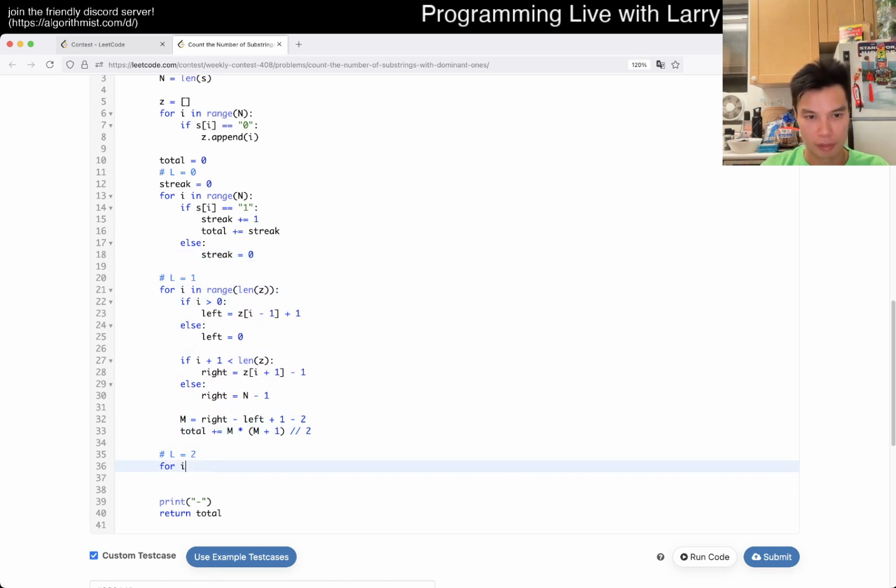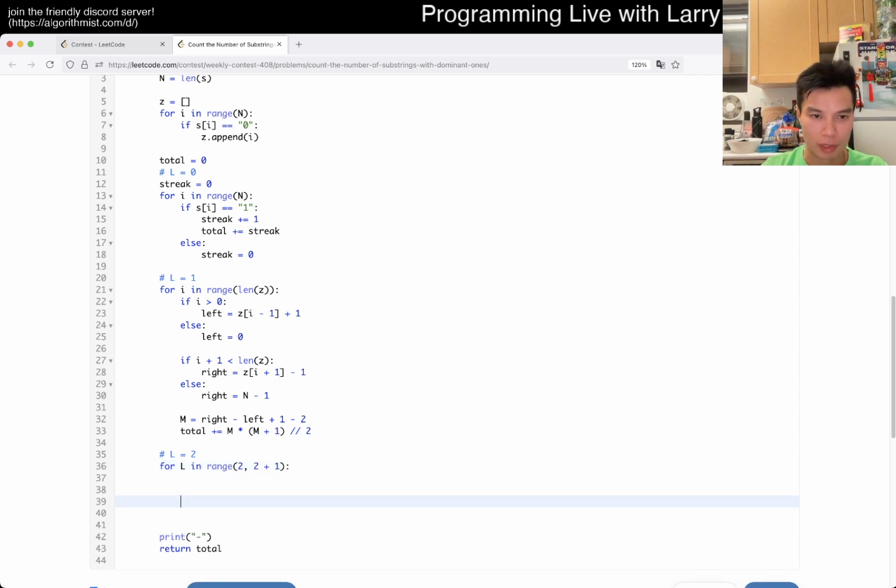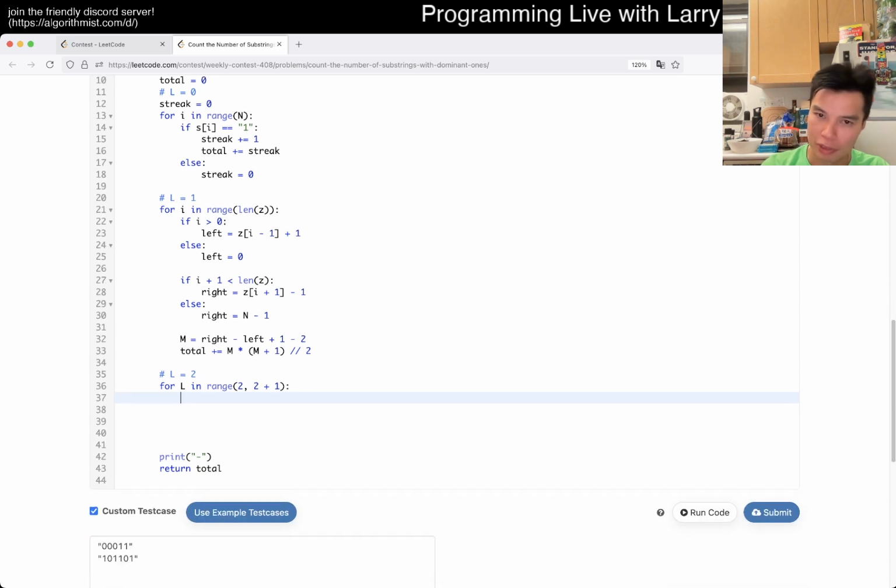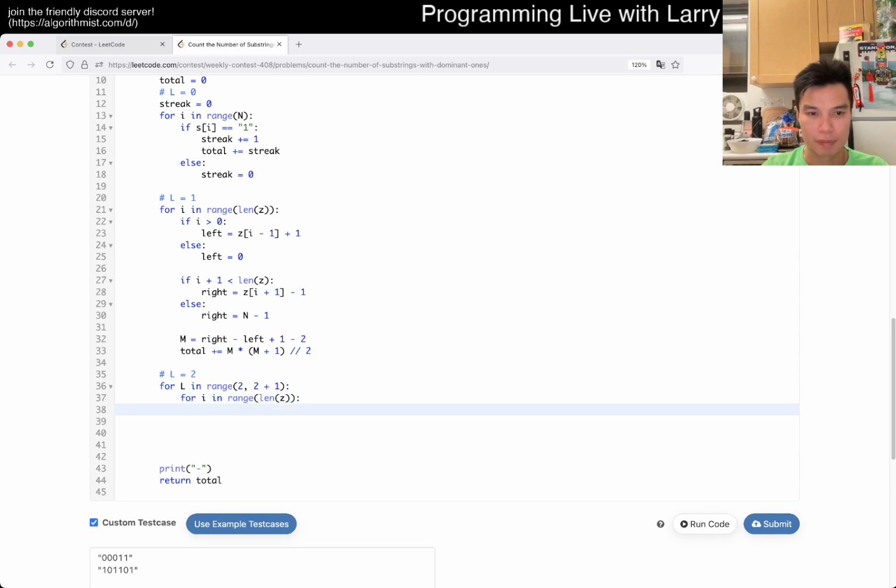So, okay. Okay, right, so for length in range 2, then now we have for i in range of length Z. Right, so if, oh, but we want to start from 1 or L minus 1 to keep track, right?